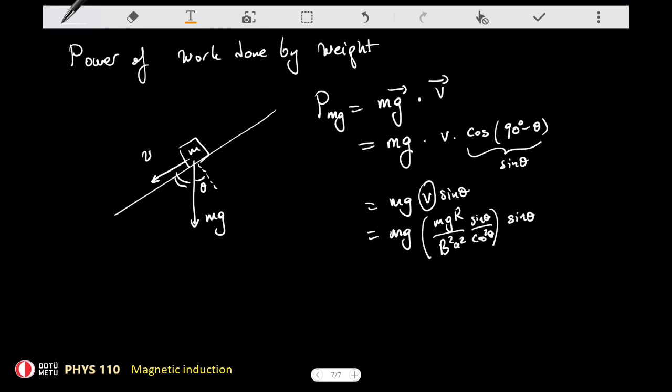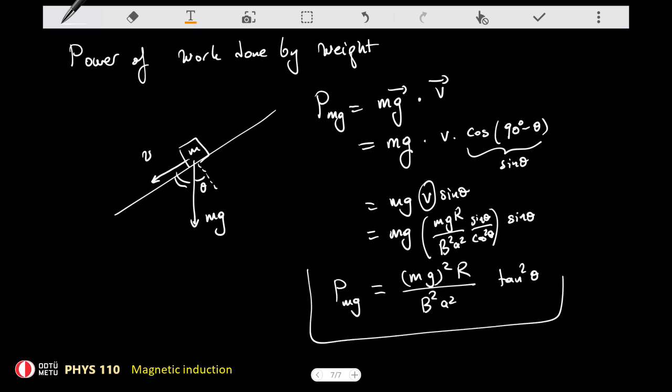All right, I didn't reserve much space in here. So as a result, this is equal to mg squared r over b squared a squared times tangent squared theta. This is the power of the work done by the weight force.